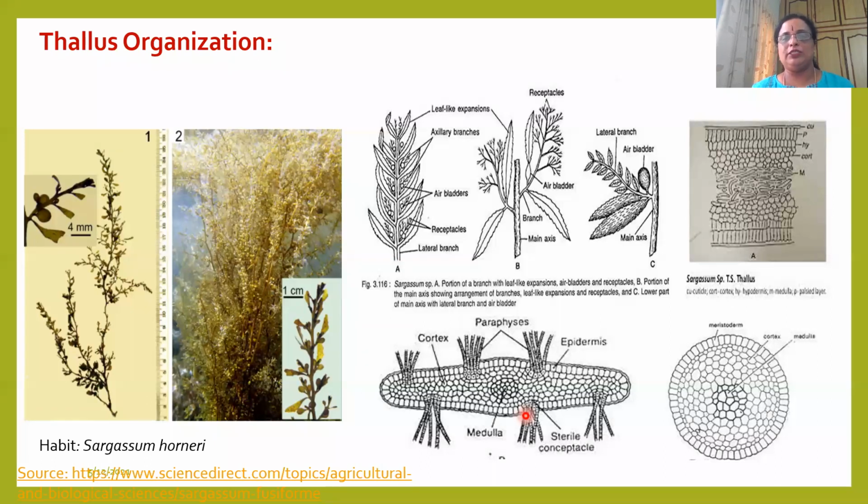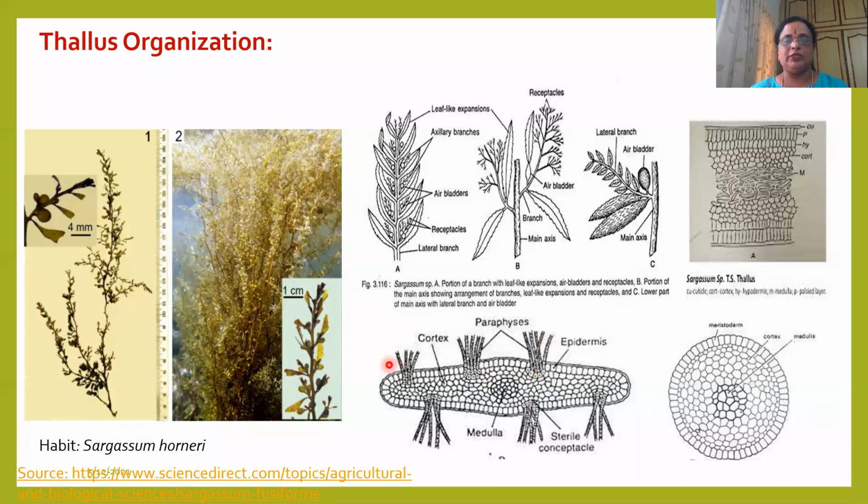What are conceptacles? These are the structures which produce gametes, isn't it? You can find these conceptacles on the receptacles. If there are certain conceptacles where they never produce any gametes inside them, such conceptacles are called sterile conceptacles.